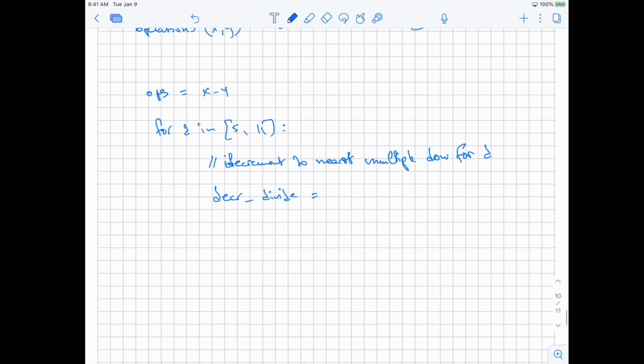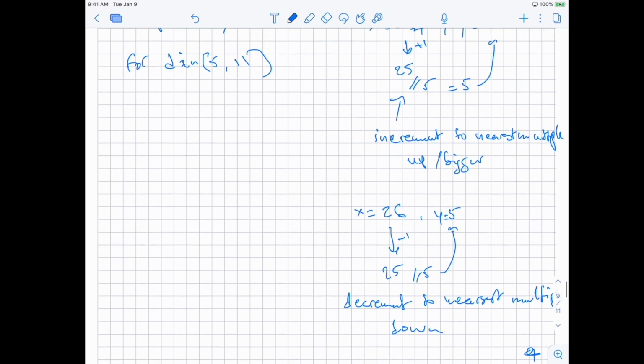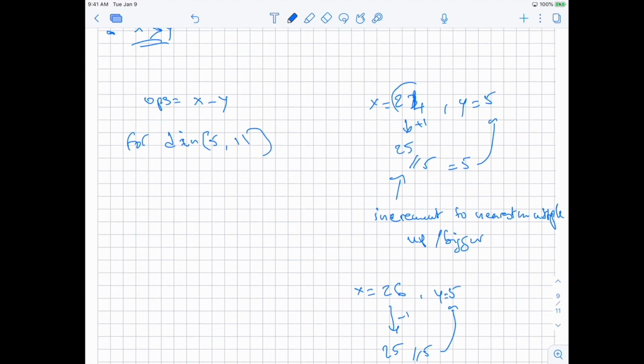Let's see. So here, if we go back to 24, how do we know we need decrements? Well, we can just take 24 modulo 5, and in this case we'll know we need to decrement by 4 to get to 20, which is a multiple of 5.